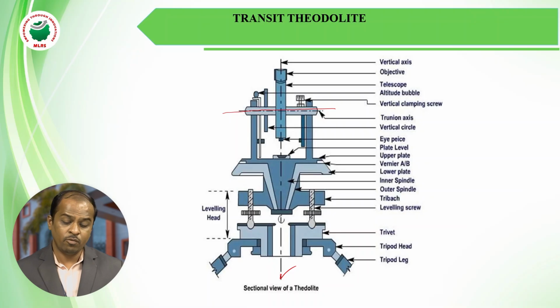In the vertical axis, the whole instrument will rotate in a horizontal plane about its central axis. That axis we call the vertical axis.